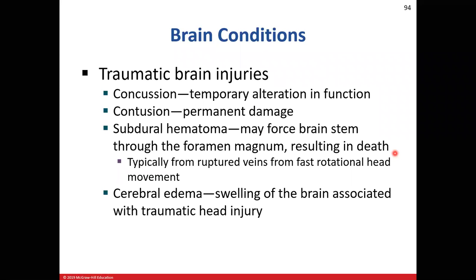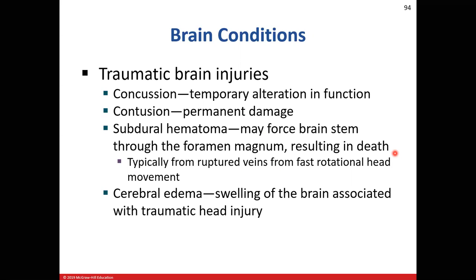Our next one is a subdural hematoma. And a subdural hematoma is essentially a bleed that occurs within that subdural space. The significance of this is that if it gets big enough, it can actually continue to grow and grow as far as the bleed goes. And as the blood starts to take up space, it's going to force the brain to expand outward.